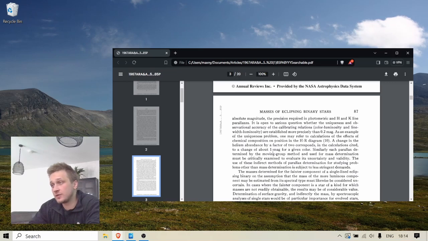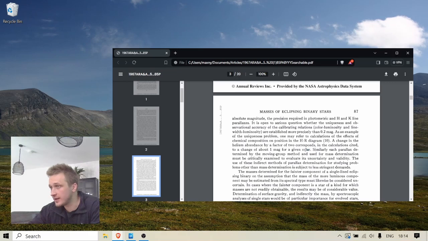As an example of the uniqueness problem, one may refer to calculations of the effects of chemical composition on position in the HR diagram. A change in the helium abundance by a factor of 2 corresponds in the calculation cited to a change of about 1 mag for a given color.